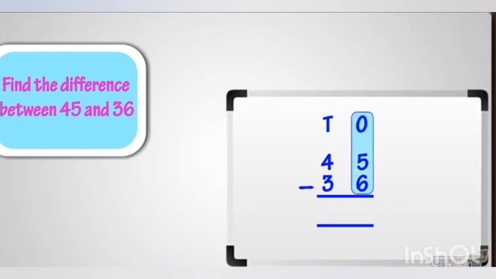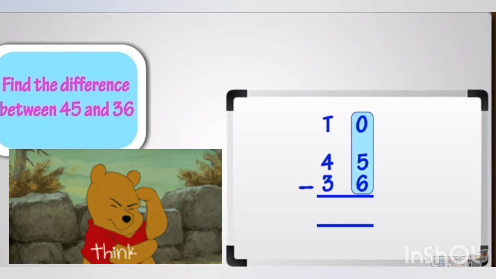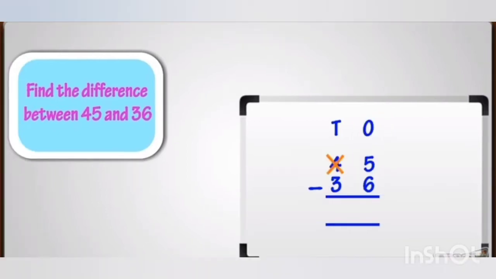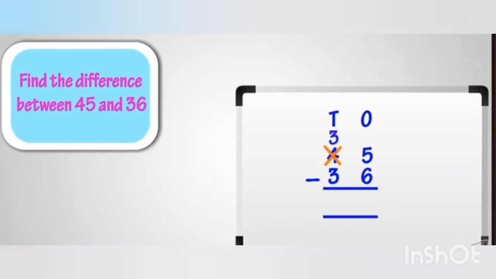So starting from the right hand side, subtract the numbers that are in 1's place. Oh, here 5 is smaller than 6. Now what will we do? Think students, think. Yes, here we will borrow from 10's place. So on borrowing 1 from 10's place, cross 4, and after borrowing 1 from 4, 3 is left.